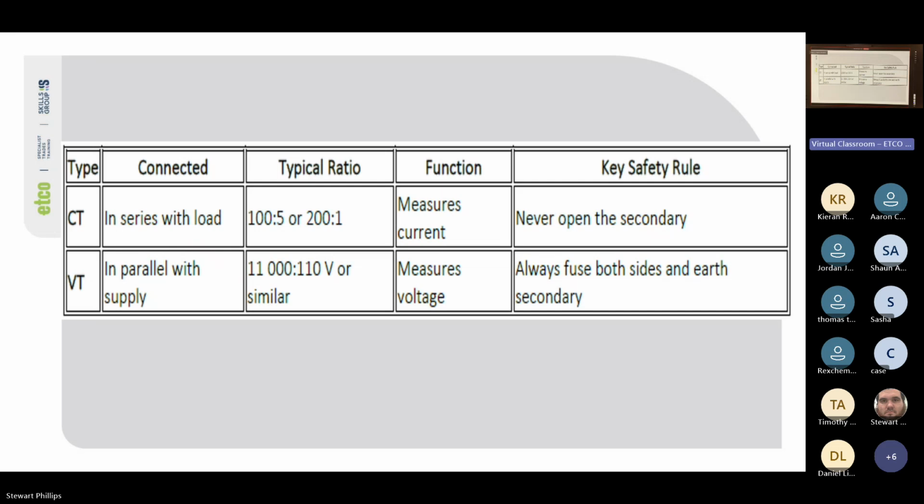Yep, that would be the first thing we would check. It's IP rating. Cool.